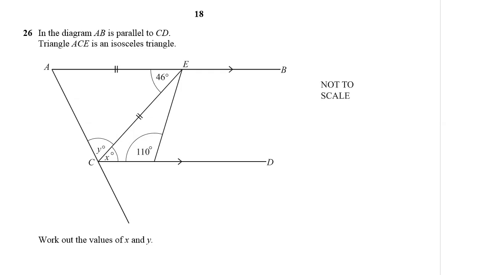Question 26. In the diagram, AB is parallel to CD. Work out the values of x and y. You can see x is an alternate angle to this angle here.